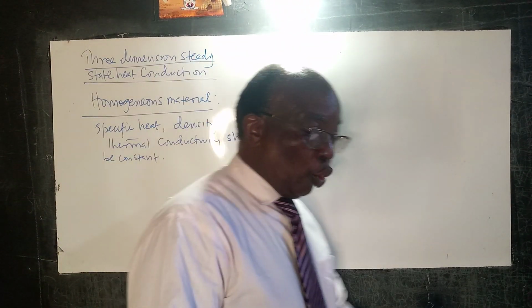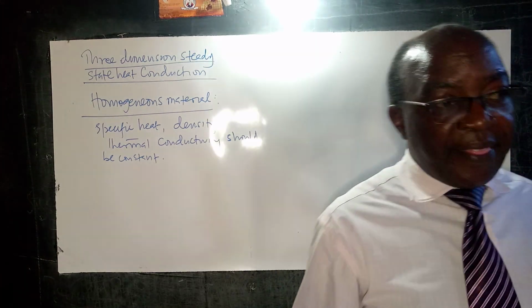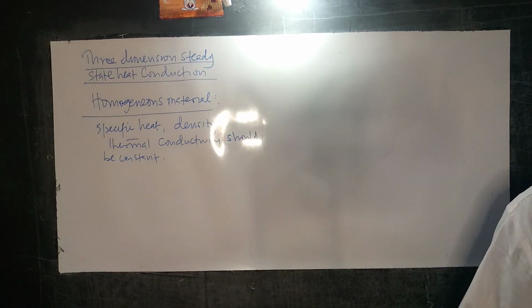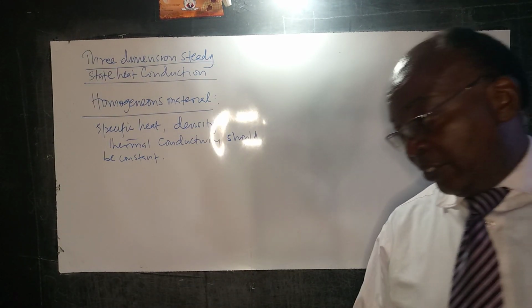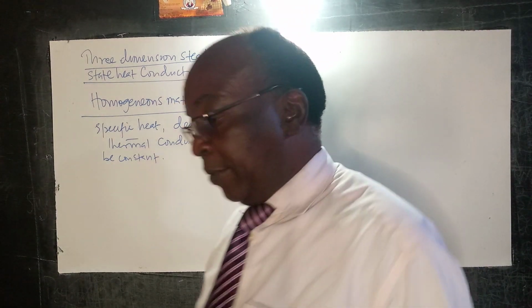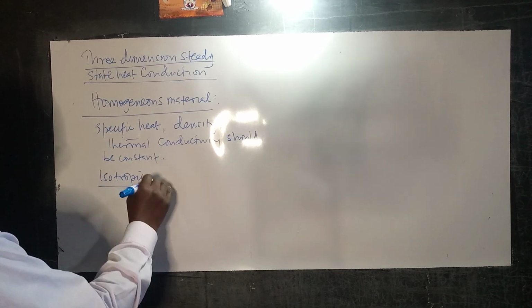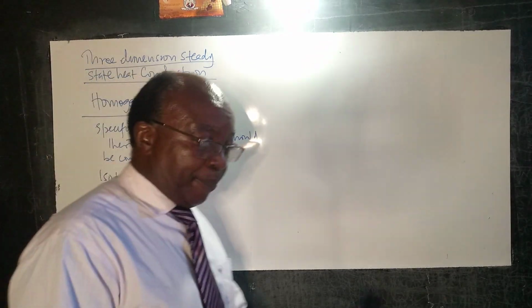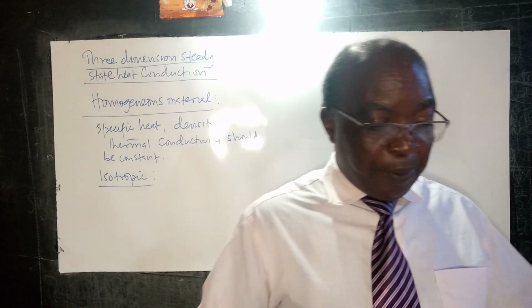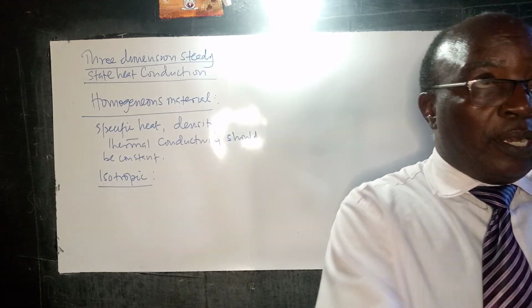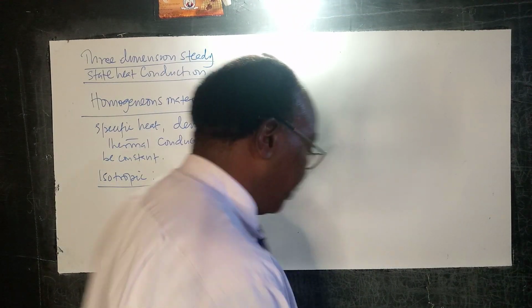So the material should be homogeneous. And the other thing is that the material must be isotropic. In other words, whichever property you choose, that property should be the same in all directions.